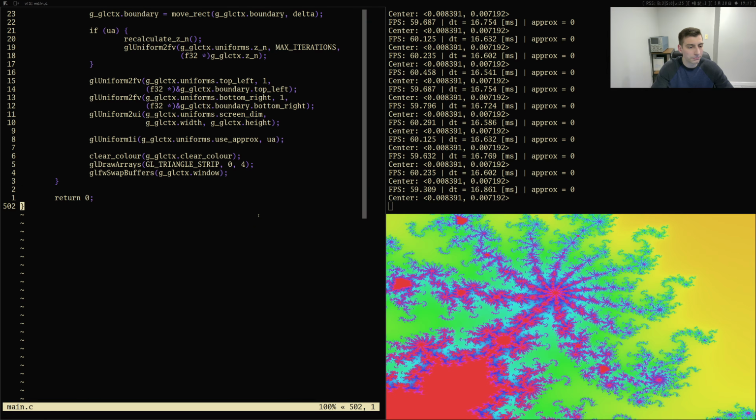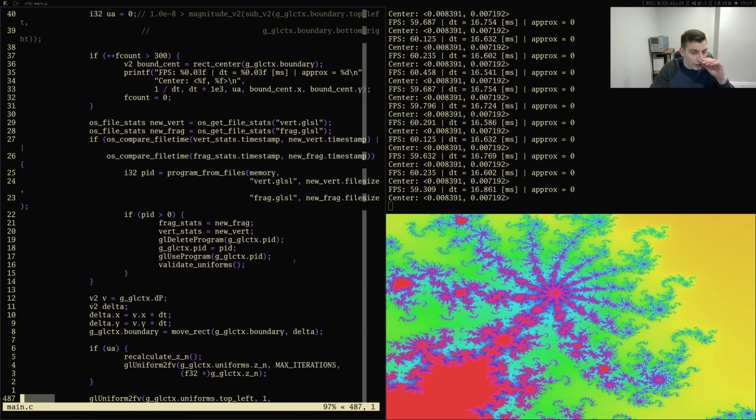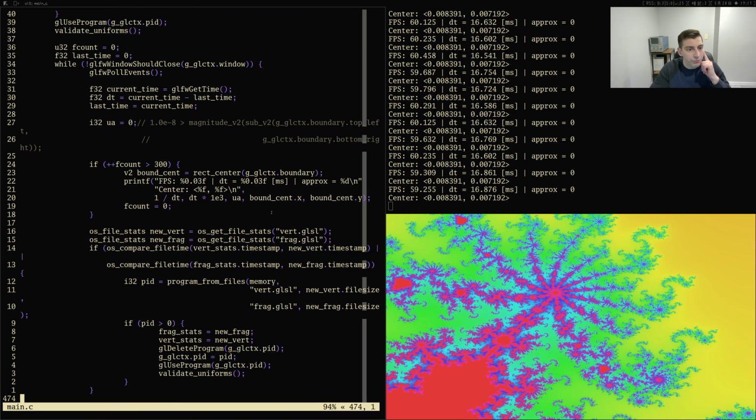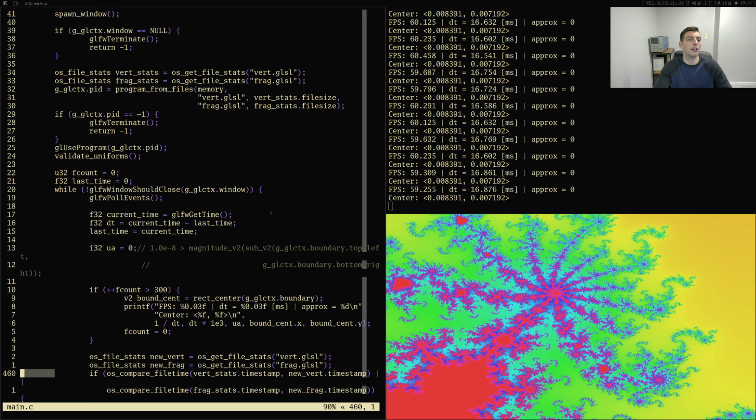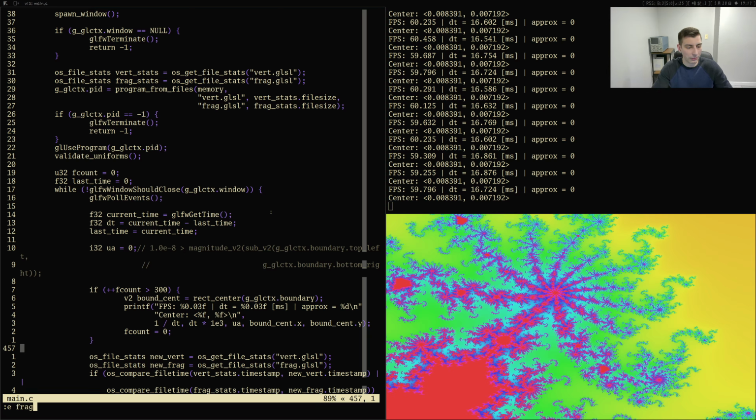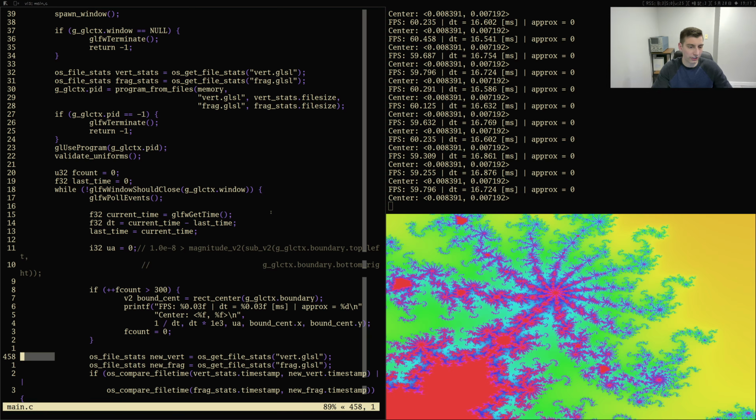So last time I got started on trying to implement this. It's not really shown in here. Well, okay, it is partially here. So this use approximation.